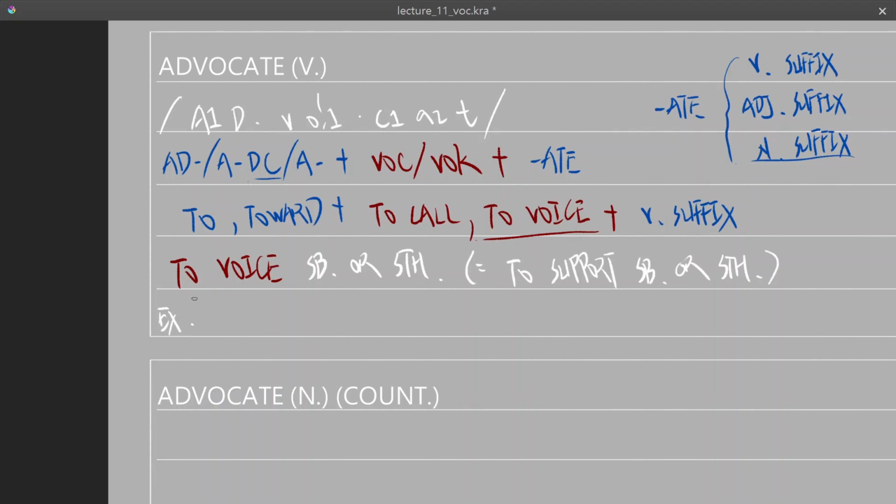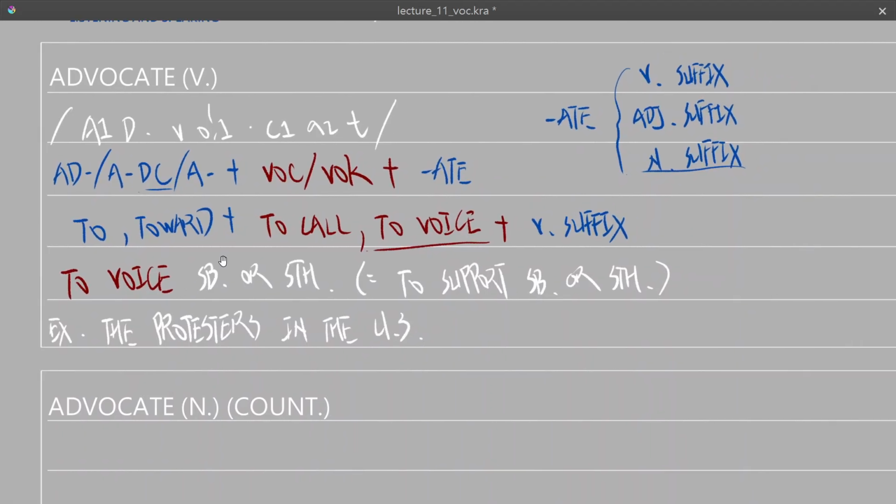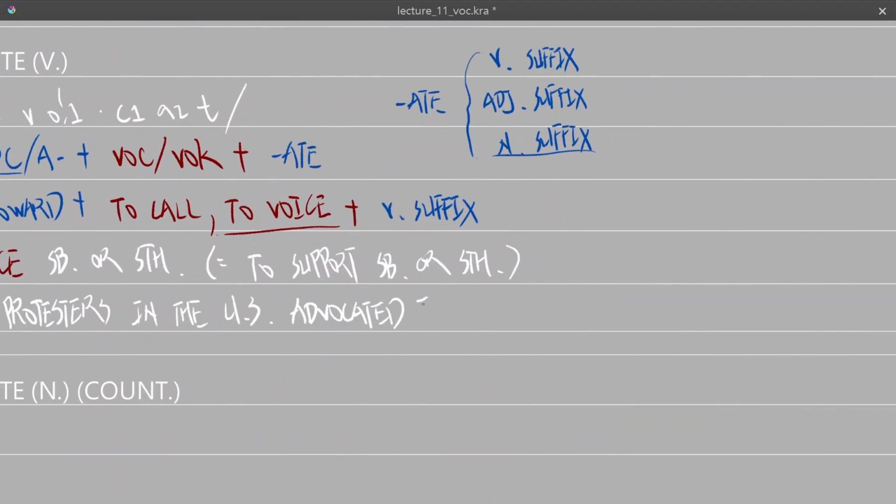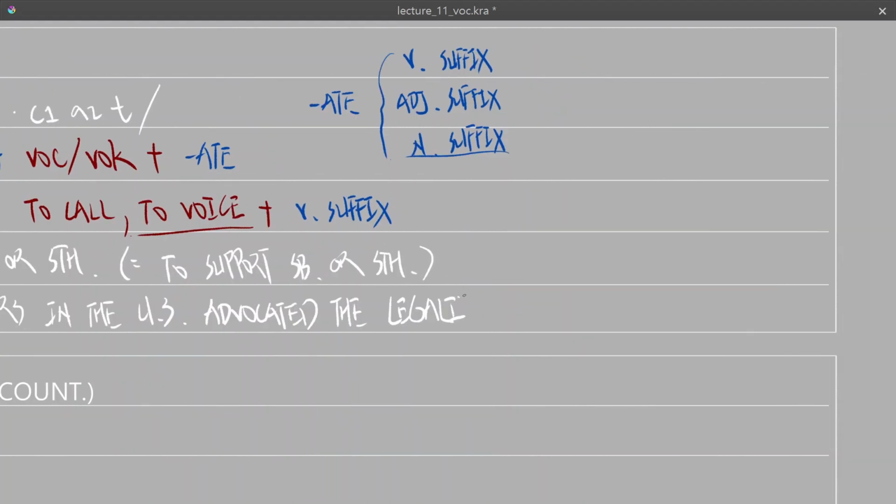So for example, you could say the protesters in the United States advocated the legality of abortion.